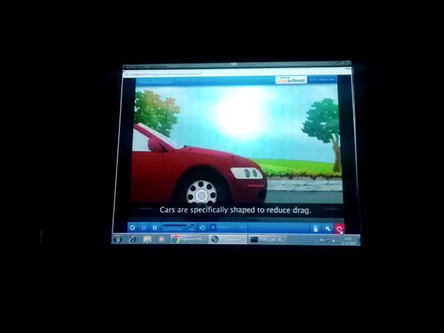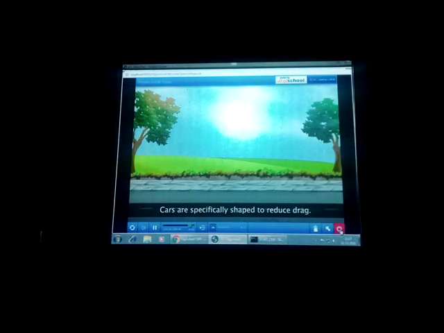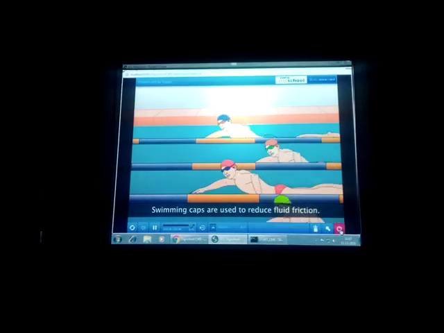Ships have streamlined bodies like those of fishes. Even cars are shaped to reduce drag on them. Swimming caps worn by swimmers also help in reducing fluid friction, thus helping the swimmer move faster.